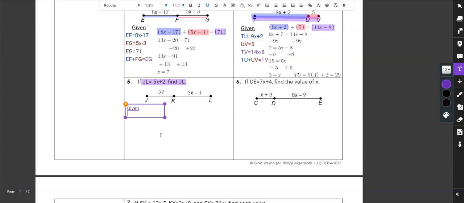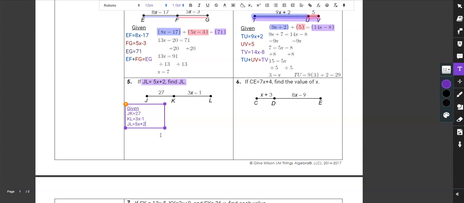You don't have to. We know that JK is going to be equal to 27. And we know that KL is going to be equal to 3x minus 1. And we know that JL, the entire thing, is 5x plus 2.